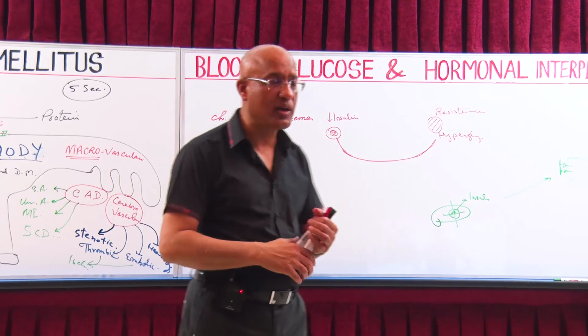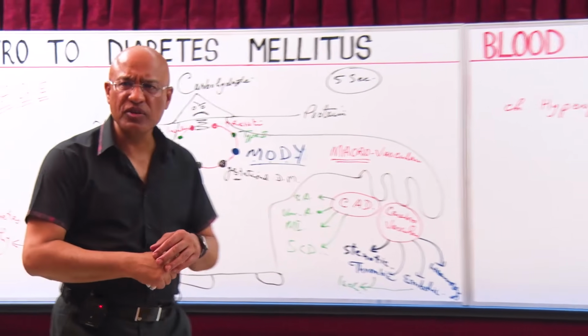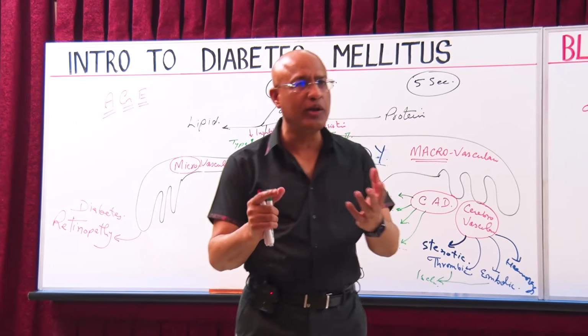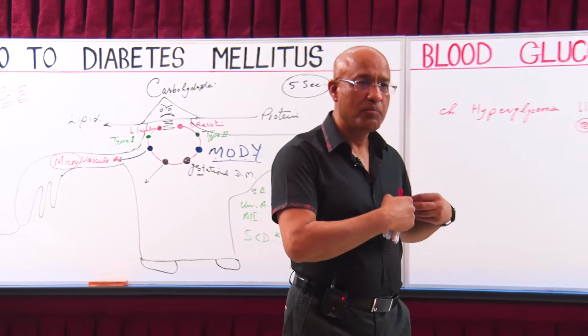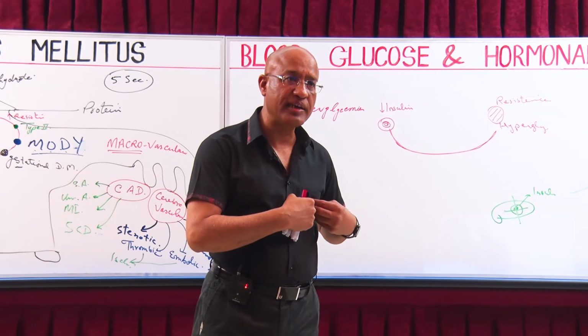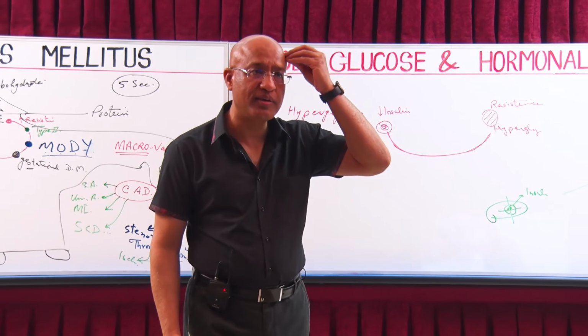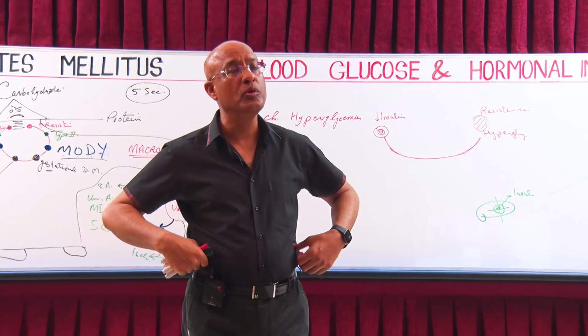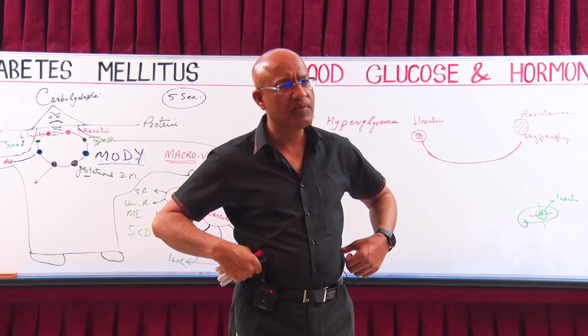So what I'm trying to say is that this disease has so many faces to kill you. It can kill you by myocardial infarction or sudden cardiac death or cerebrovascular accident, or it may kill you over many, many years.